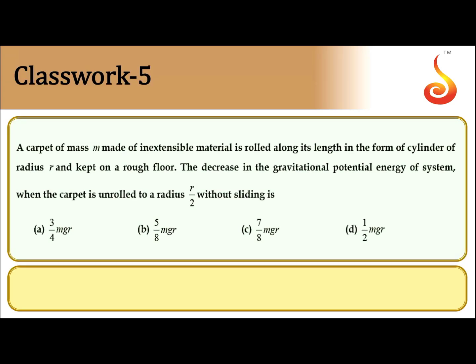So I will write it as m g r minus m by 4, which we calculated, into g into r by 2. And how much is it? That is 1 minus 1 by 8, that is 7 by 8 m g r, which is the loss in its gravitational potential energy. So 7 by 8 m g r.